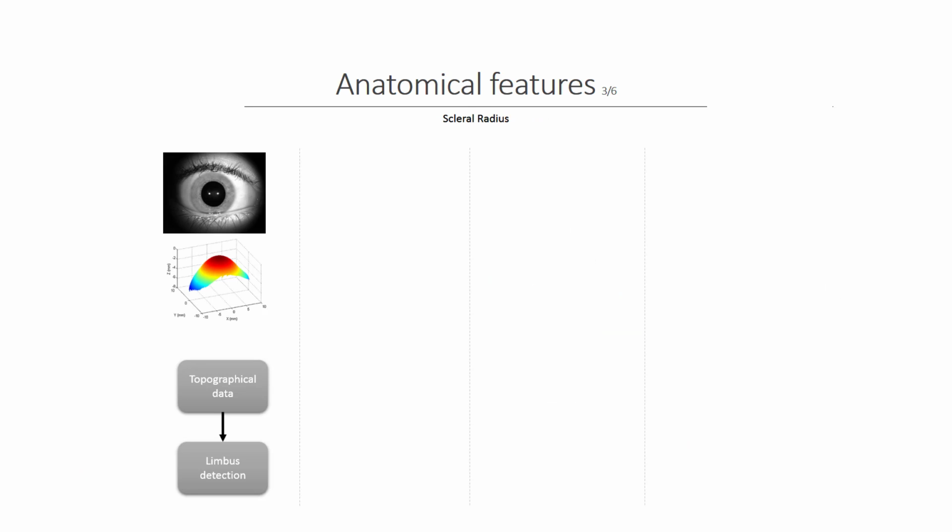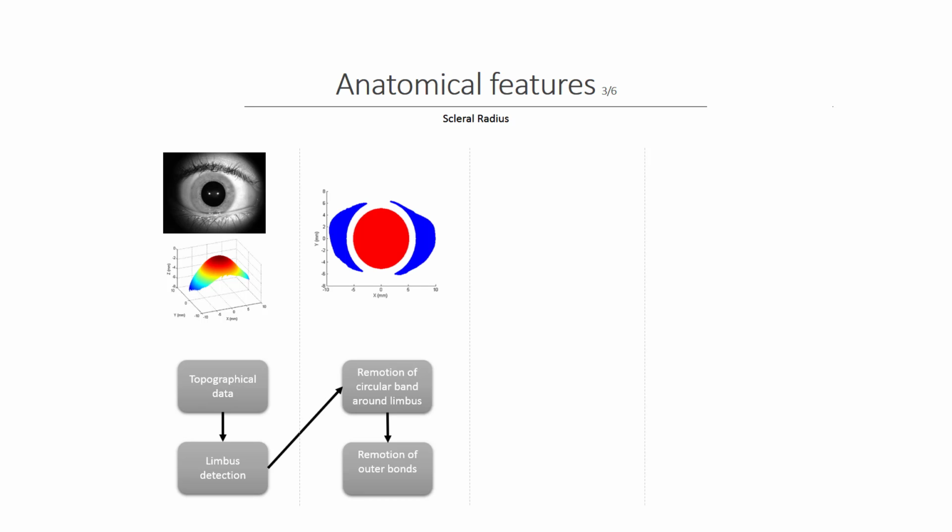Based on anterior eye topography, we also developed a new and precise methodology to measure the scleral radius. In this method, we started by acquiring the data using the profilometer, the eye surface profiler. Then, the position of the limbus is obtained using one of the methods mentioned previously. Based on that, and considering that the limbus is rather a transition zone, it is necessary to remove circular bands around the limbus.